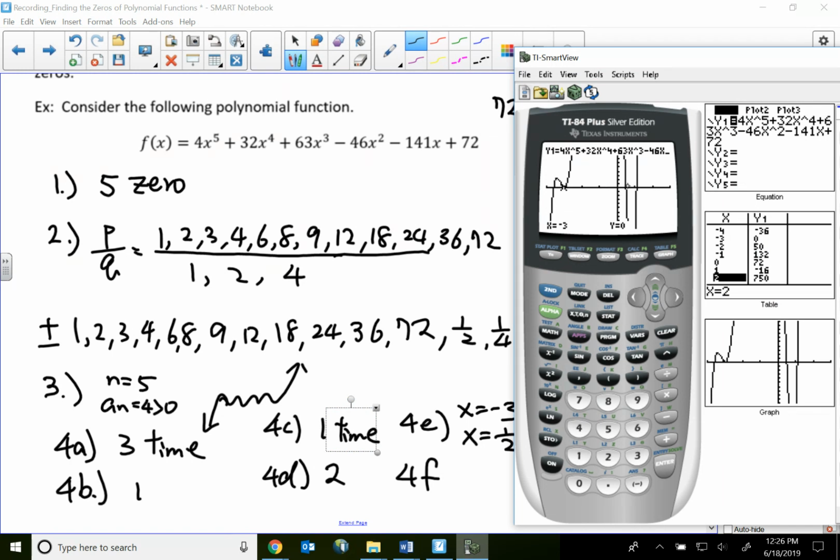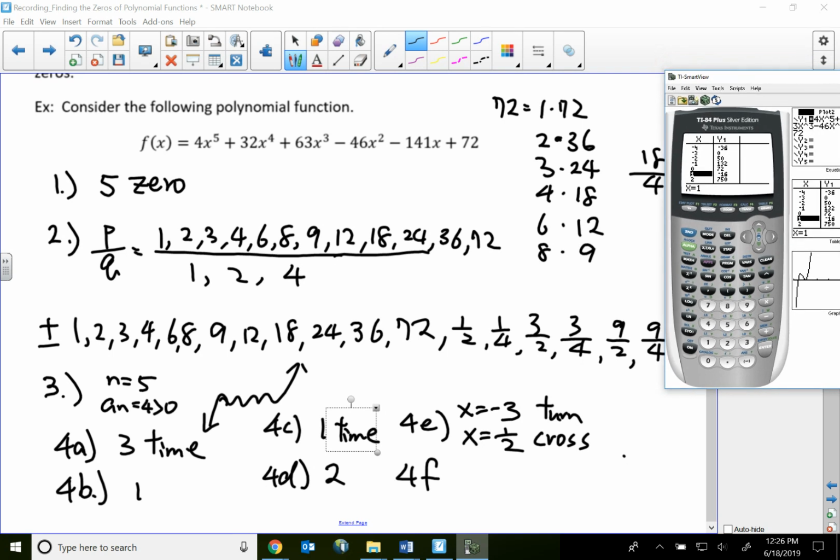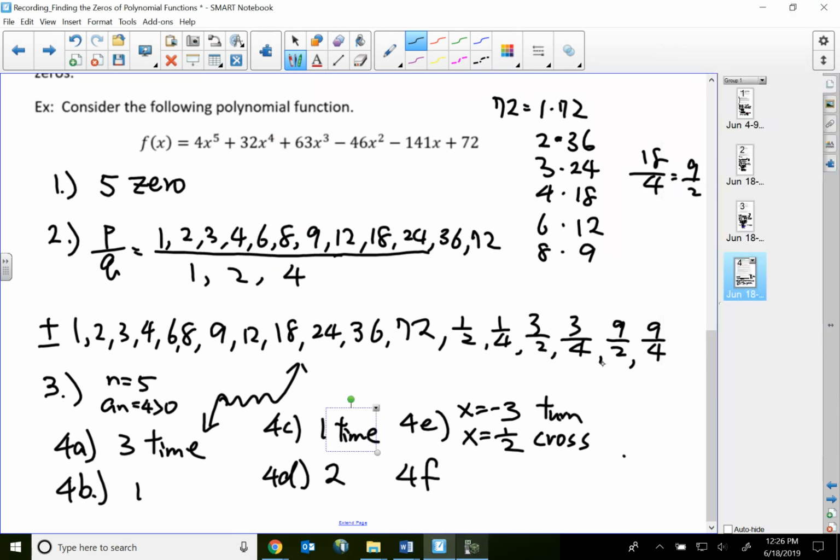Okay, so if this cross is at a half, this is where 1 is. The next one is going to be a little bit bigger than 1 and 2. So if I go to my table and look between 1 and 2, the y value does change. So between 1 and 2, the only possible scenario is 3/2, maybe 9/4.